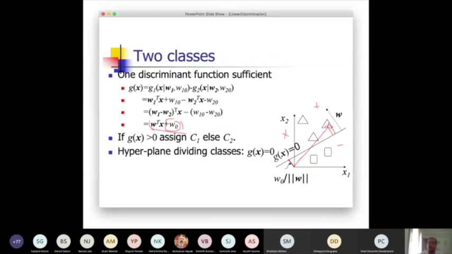And then you should get this particular thing. So which means, sorry, this is the distance of the origin, right?